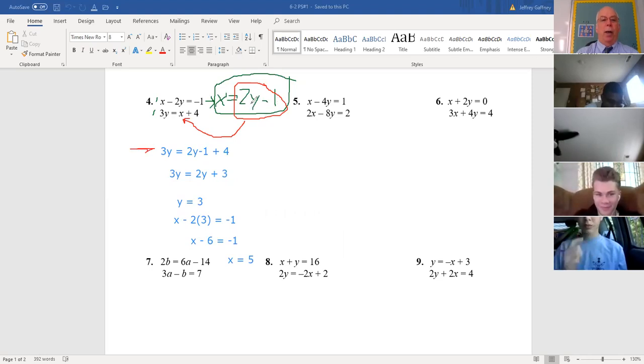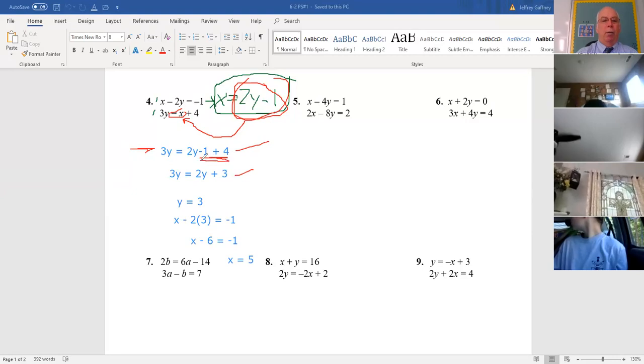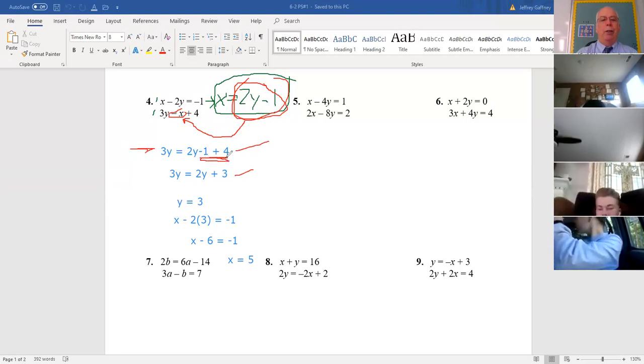So I took this 2y minus 1 that we said x equals up here and replaced it for that x. So that's what we did here, all right? And the next step, all I did is combine like terms. Now remember, you guys that like to do the opposite, thinking you're moving it to the other side of the equation, please do not do so. Do what it's telling you to do. It's saying -1 plus 4. -1 plus 4 equals 3, right?